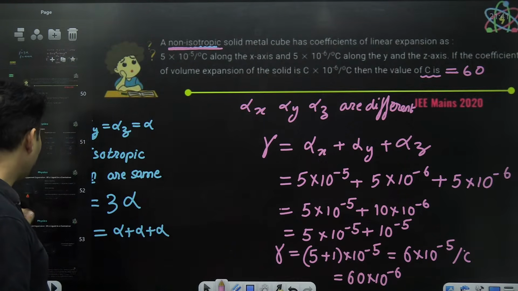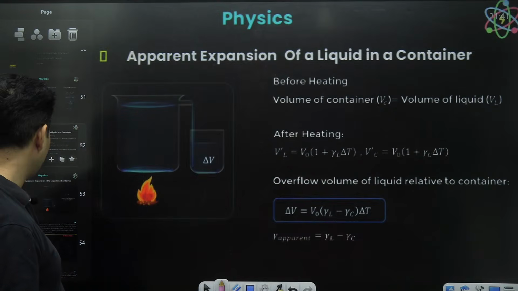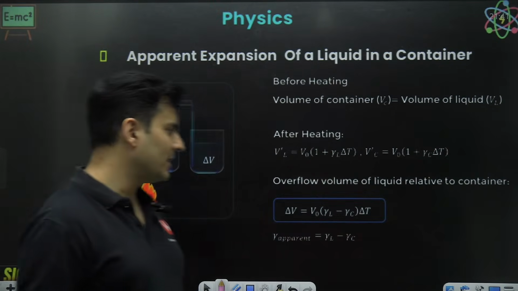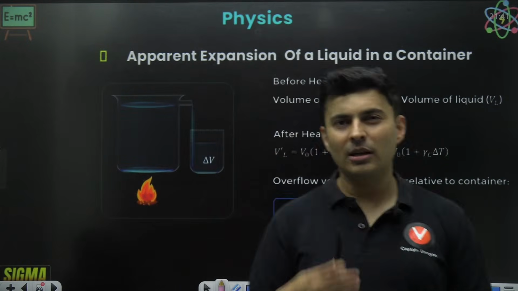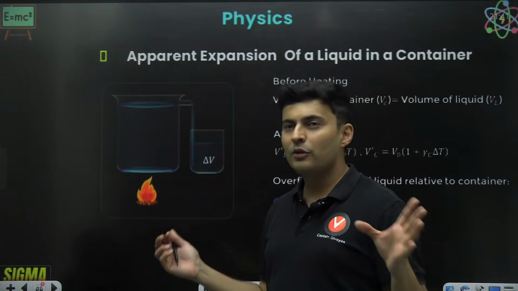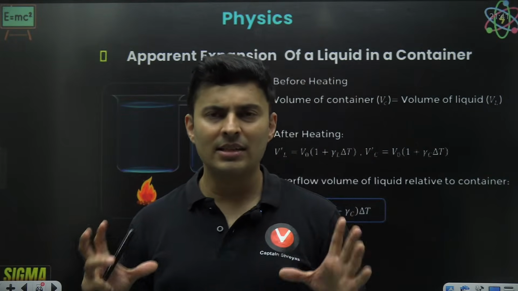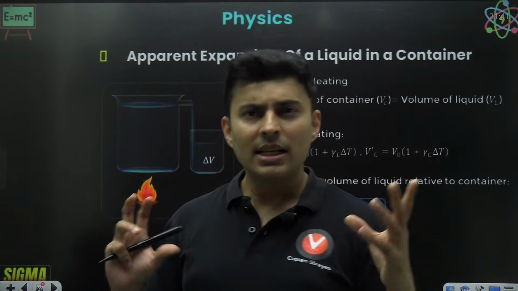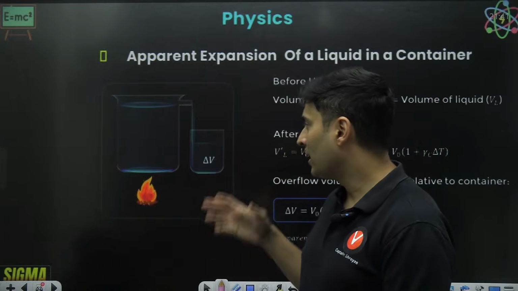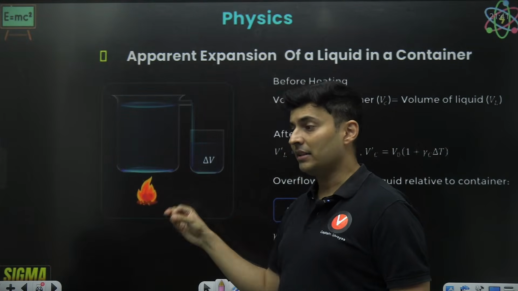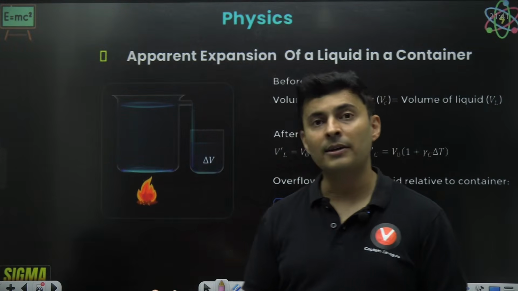Okay. Now, the last point over here is the concept of apparent expansion. Like I was talking about some time back, if you pour some liquid in some container, then when you heat it, the container will also expand and the liquid inside it will also expand.